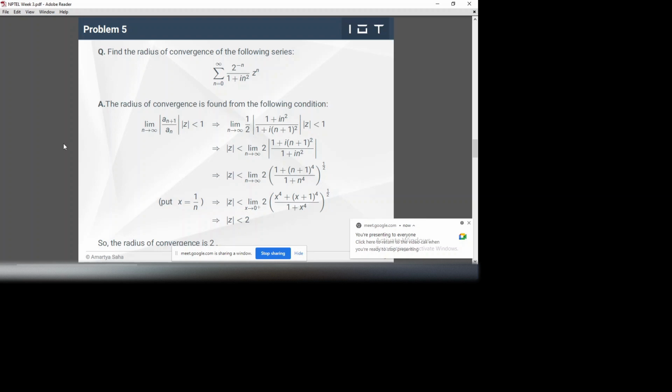So this concludes our discussion on the power series, and now I will move on to two problems that deal with the maximum modulus principle. If you have any question on power series, I think it's a good point to ask.